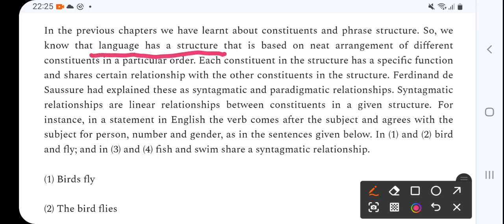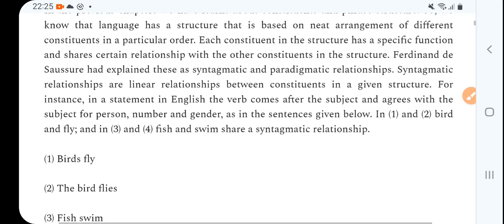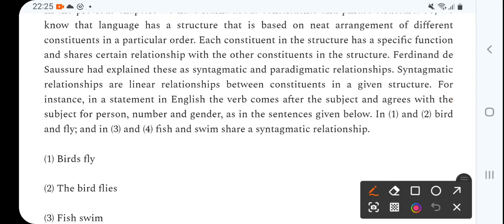Every language has a structure based on linear arrangement of different constituents in a particular order. That is very important. Now each constituent in the structure has a specific function. Again, that is part of IC analysis. Each constituent in the sentence has a specific function and shares a certain relationship.